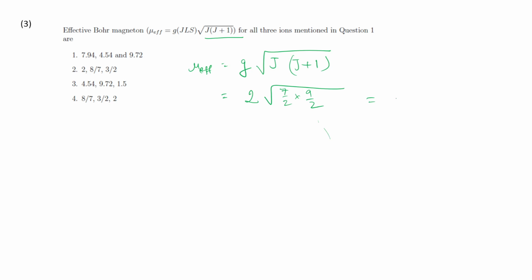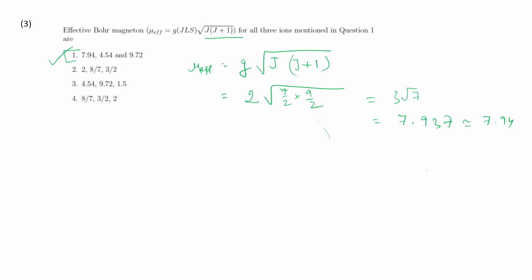So what I have is square root of 7 into 3, and this thing will give me around, if we just calculate in a calculator, it is 7.937 or 7.94. So you already have this value, so this is your correct answer.